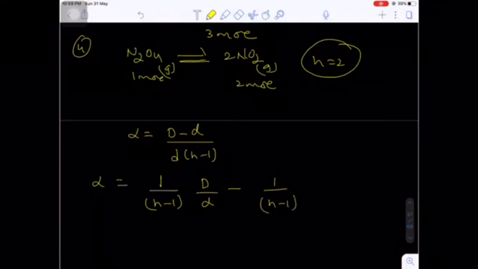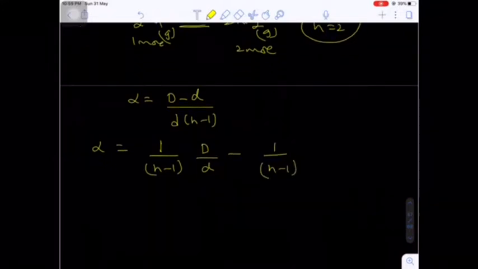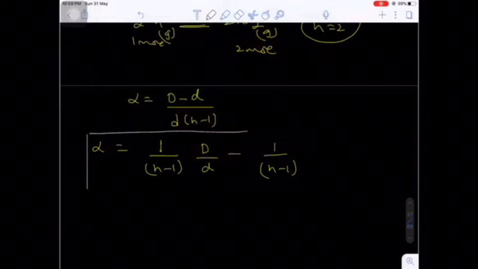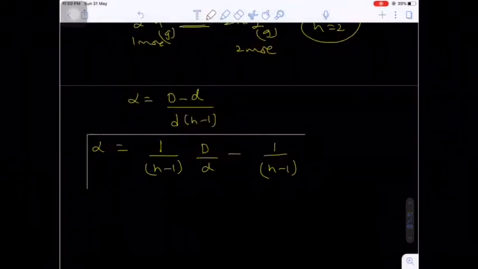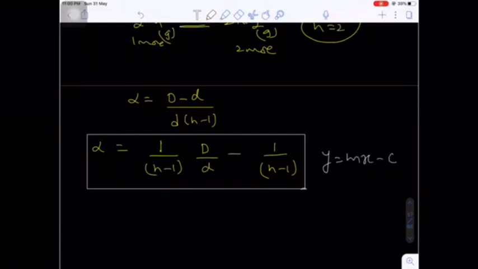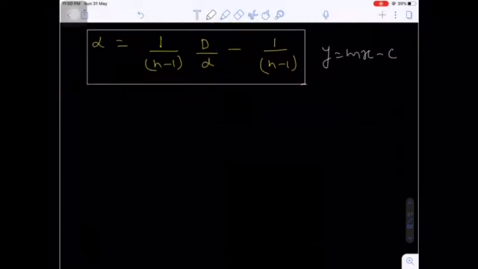Now if you see this expression, it is in the form of y is equal to mx minus c.